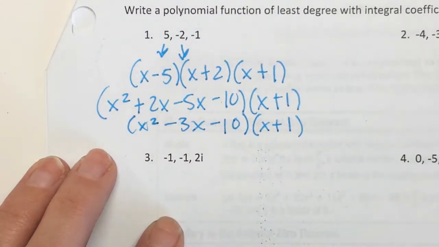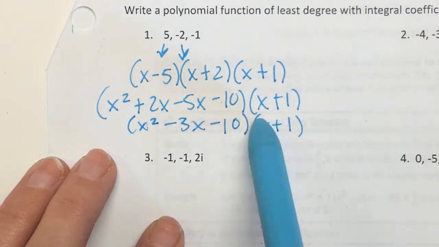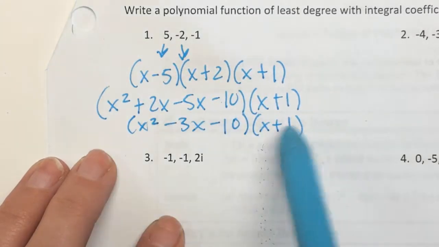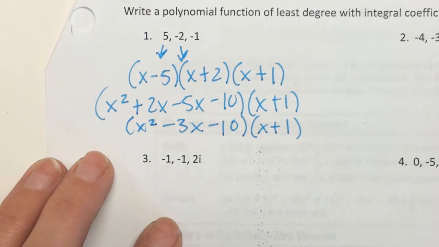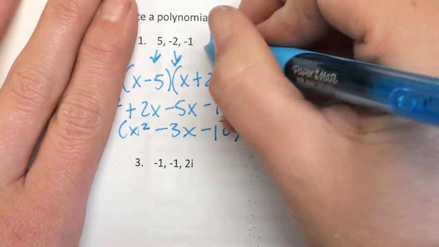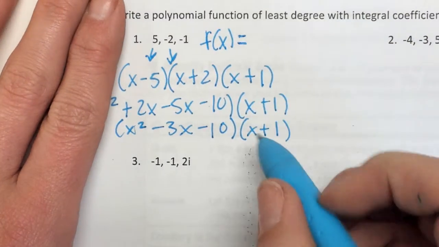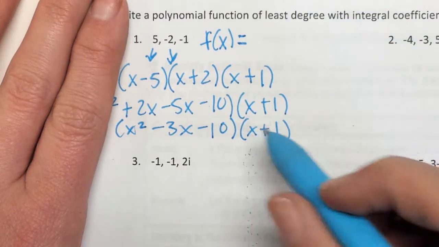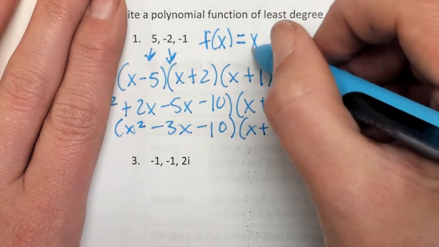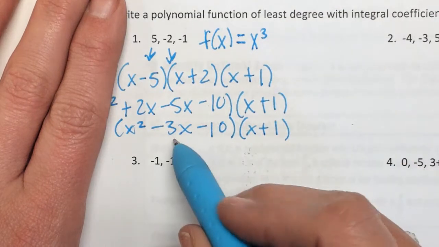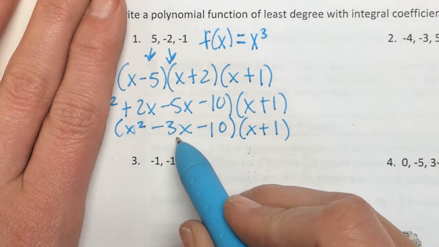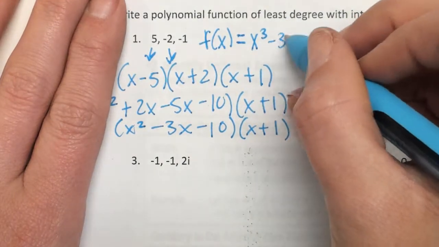Now we can distribute, like Braden was saying. So we're going to distribute the x to all terms, then the 1 to all terms. So let's start with, and I'm going to put f of x because it's going to be our final answer. The x to all terms. Somebody give me the first one. Okay. This one times x. Good.